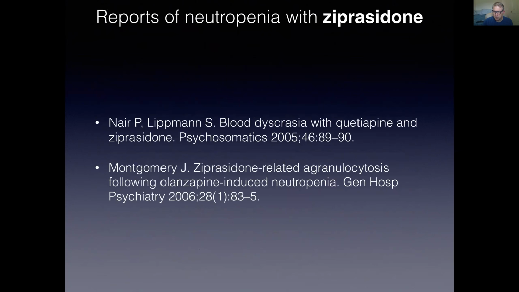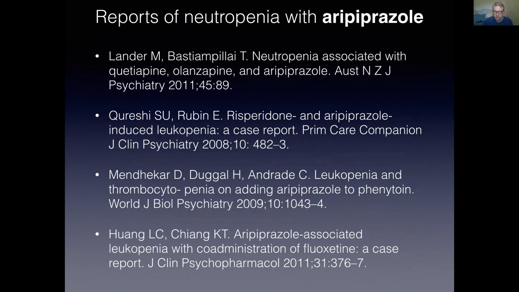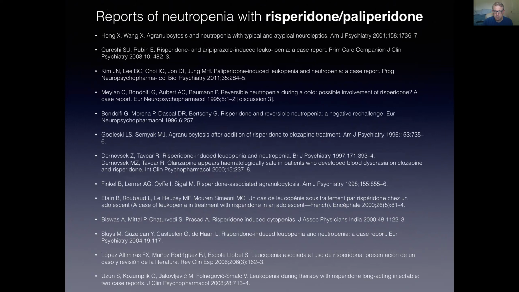Here are some reports of neutropenia associated with ziprasidone. Here are some reports of neutropenia associated with aripiprazole. And by the way, these reports of neutropenia also come up with the agranulocytosis complication. And here's the list of reports of hematologic adverse events associated with risperidone or paliperidone.